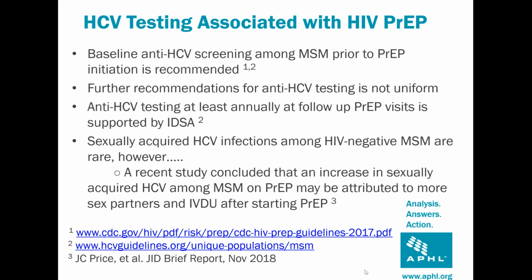So this is quite concerning. And as we start seeing more studies like this, not just with HCV, but syphilis, not even a subject for today, since individuals on PrEP are being screened and monitored every 3 months while they're on the medication, we may see more frequent HCV screening in future recommendations, I would think. Next slide.